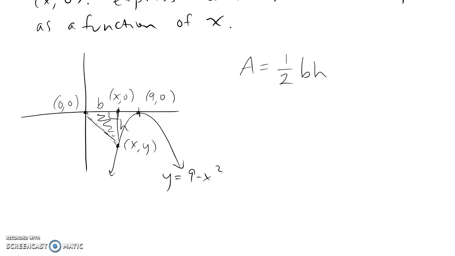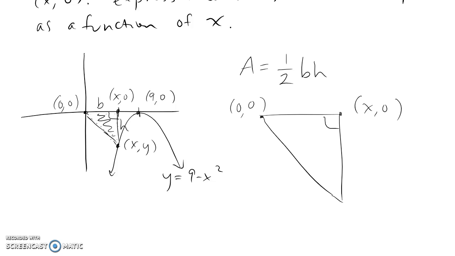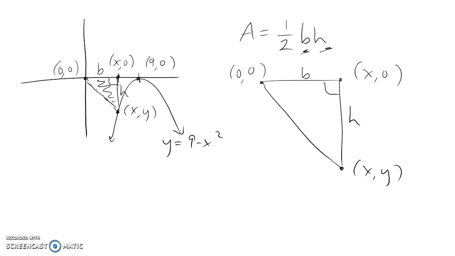I'm going to redraw my right triangle without the function graph, just for simplicity's sake, putting the vertices where they are, and labeling b and h. So in order to write the area as a function of x, we need to write b in terms of x and h in terms of x.